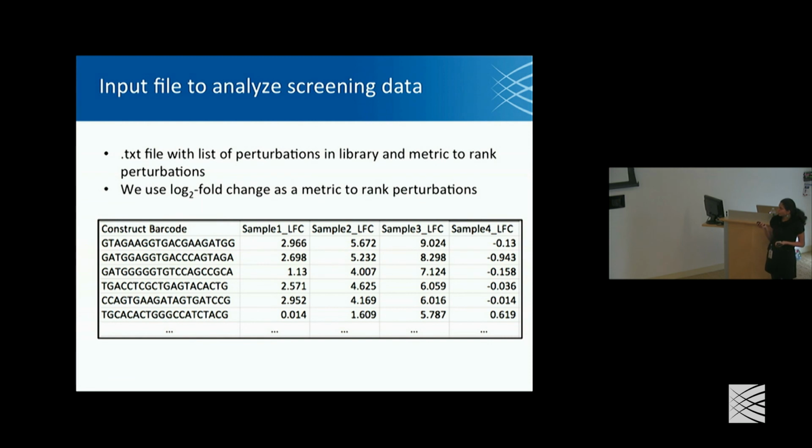The first file you need is a list of all the perturbations in your library and log-fold changes or some sort of metric to rank these guide RNAs and to calculate gene significance. As shown in the example here, in your first column, you have all of the guide RNAs that are in your library, and each consecutive column are log-fold changes for all of the samples in your experiment.